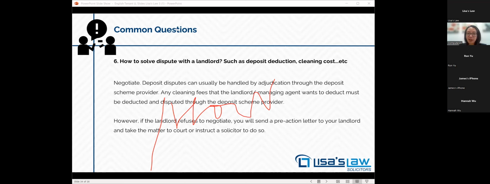But okay, someone mentioned how to terminate the contract earlier than the agreement without any fine. Good question. The only way for you to terminate the contract earlier is to have a termination clause or a break clause.